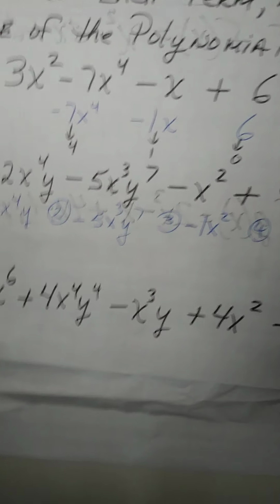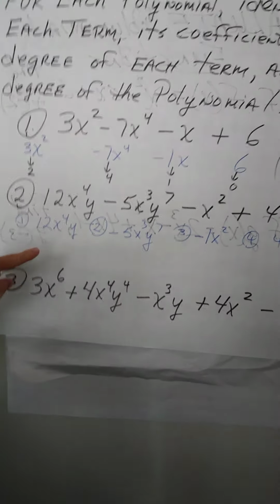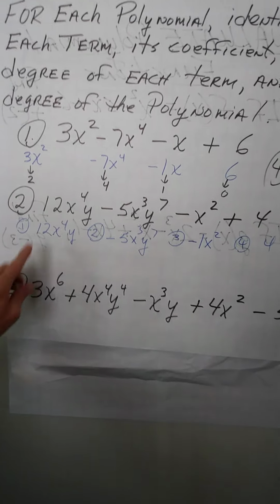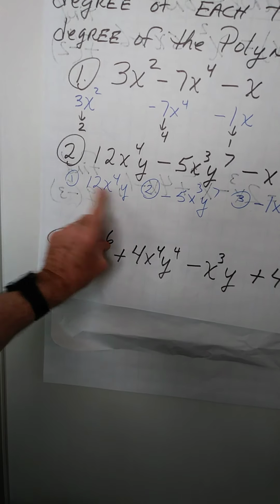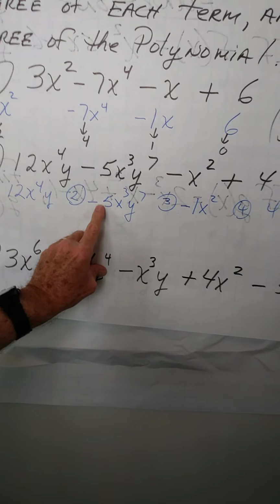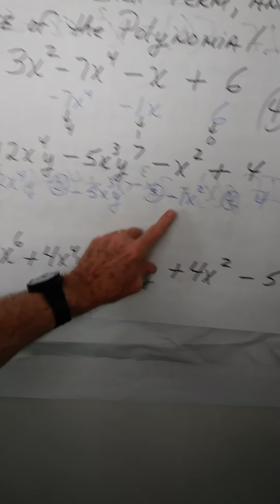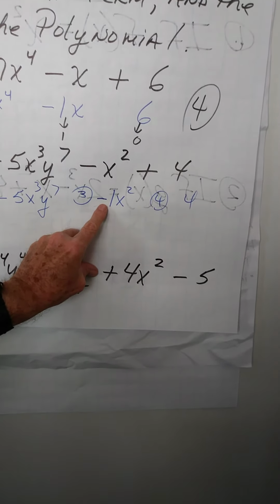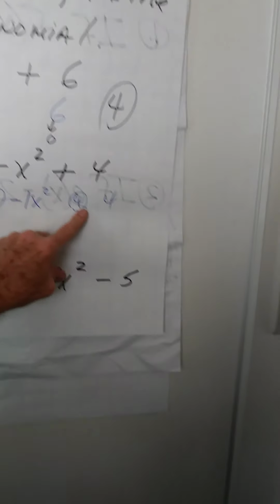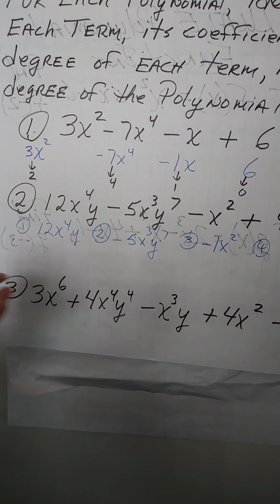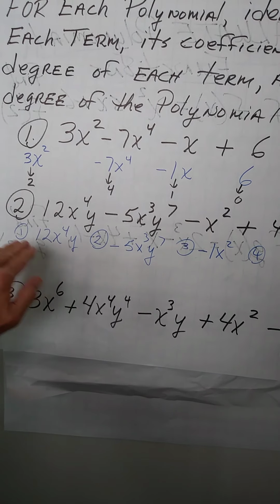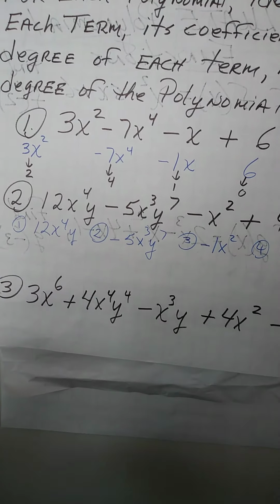Then they're asking for the coefficient. I'll speak it. We should already know the coefficients. Of number 1, the coefficient is positive 12. Number 2, the coefficient is negative 5. Number 3, the coefficient is negative 1. And number 4, the coefficient is 4. Now, thirdly, we're going to identify the degree of each of the terms.